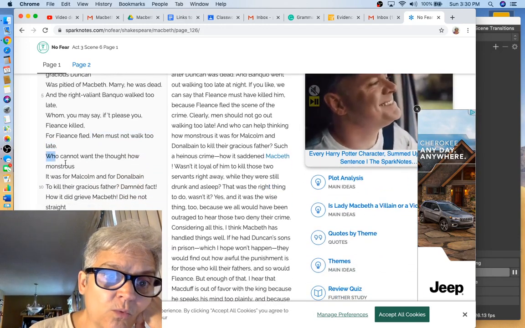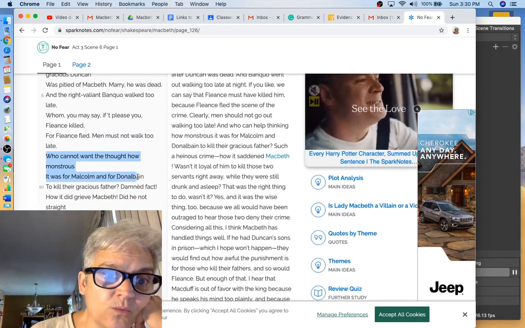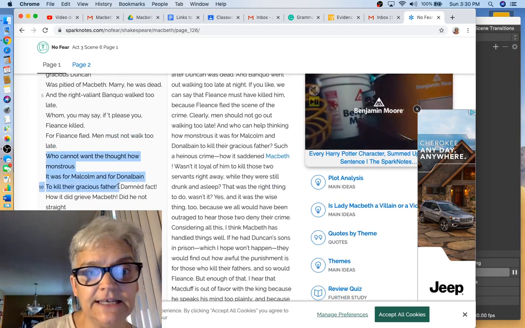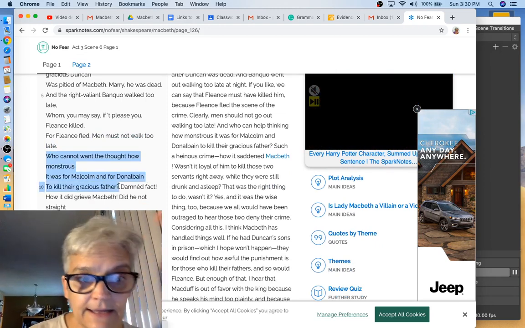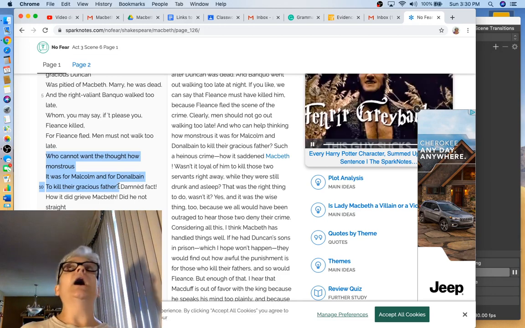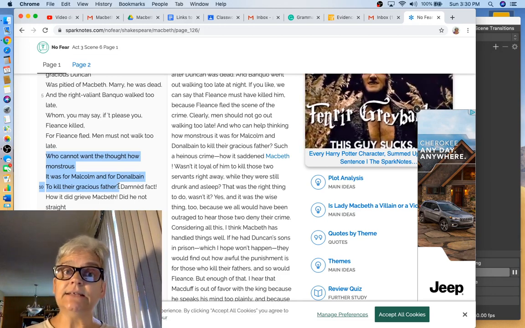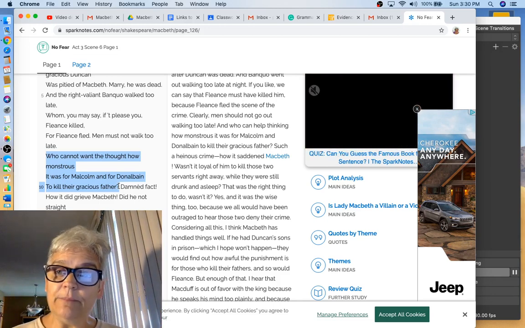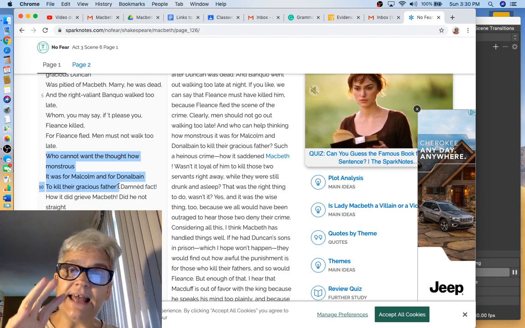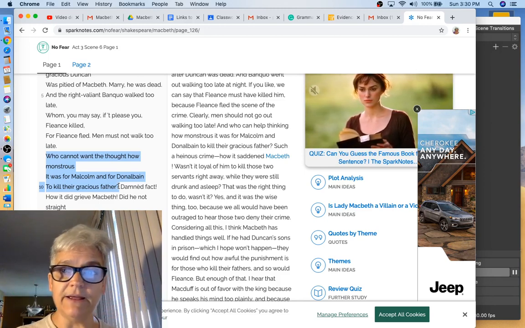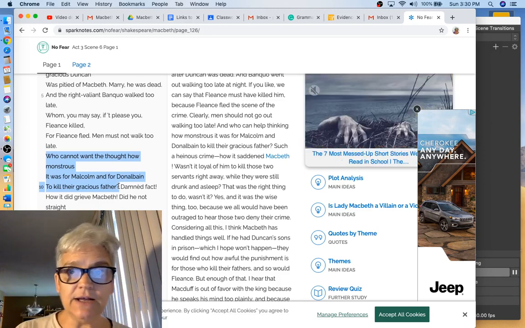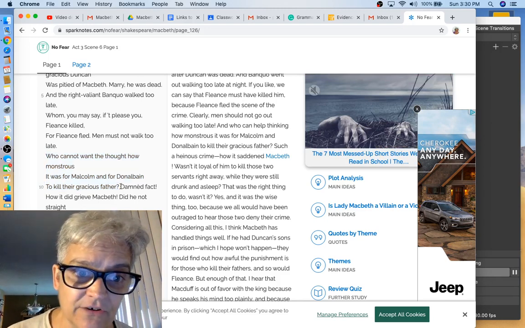"Who cannot want the thought how monstrous it was for Malcolm and Donalbain to kill their father?" Again, this is sarcasm. He is really ripping apart what was said about Malcolm and Donalbain by talking about it in this sarcastic manner.